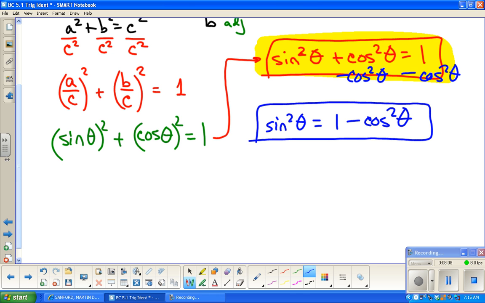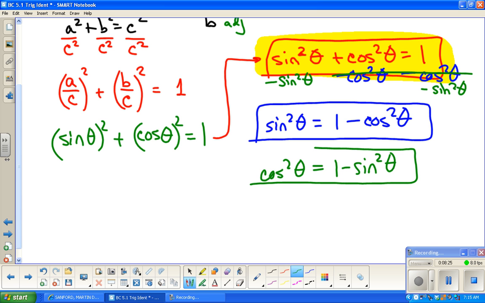Similarly, if I subtract sine squared from both sides, cosine squared equals 1 minus sine squared. These are just different rearrangements of that same sine squared plus cosine squared equals 1.